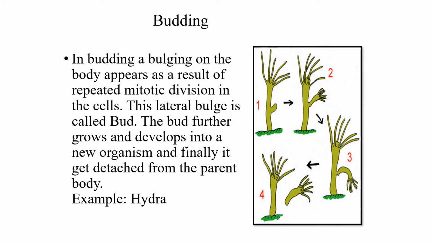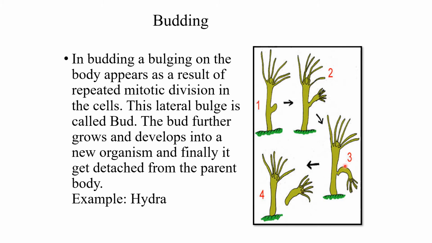Budding. In budding, a bulging on the body appears. See here, you can see the bulging. This is the bud. Then it undergoes repeated mitotic division of cells. Therefore, this lateral bulge is called a bud. The bud further grows and develops into a new organism.